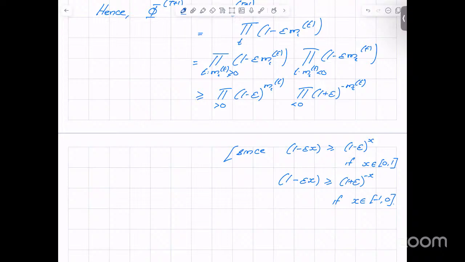Why are these true? I think we can see from the Taylor expansion of 1 minus epsilon. You expand this by Taylor, you get 1 minus epsilon x plus epsilon square x square. But why is this? Isn't it going in the wrong direction?